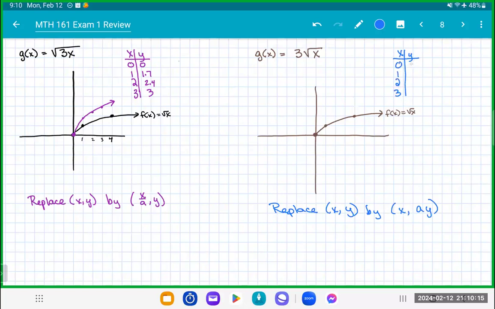So this is going to be 0, 3, 4.2, and 5.2. So when we plot that on here, we still are at 0, 0. We're at 1, 1, 2, 3. We're at 2, 4.2, and 3, we're at 5.3. So we're going to be a little higher arched up there. Okay?